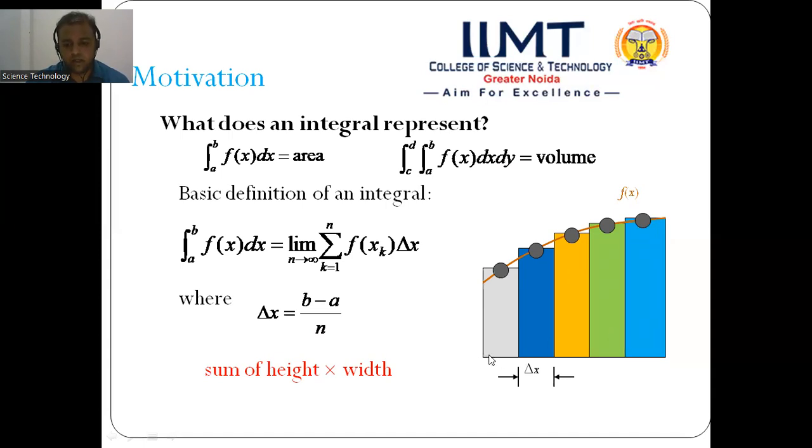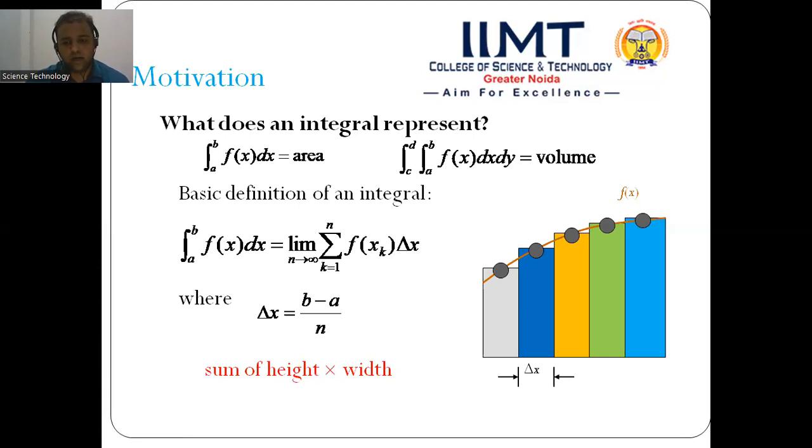The width of each rectangle is denoted by del x, and the height is found at the midpoint. Suppose we take the midpoint of the first rectangle, shown as a dotted point; the function value at that point, where x0, x1, xk are the midpoints of each rectangle, gives the height.